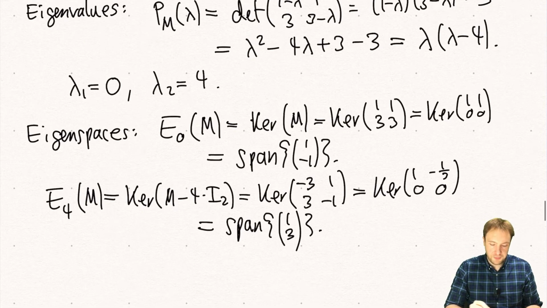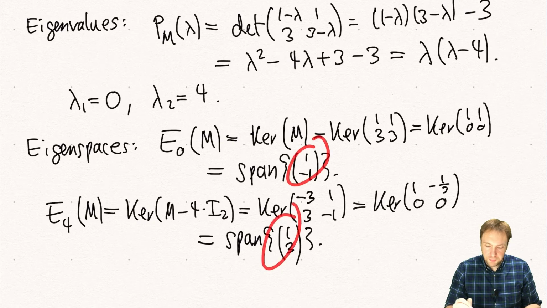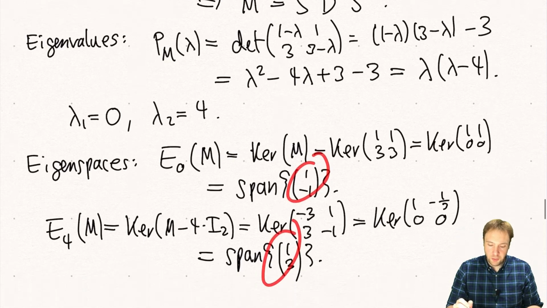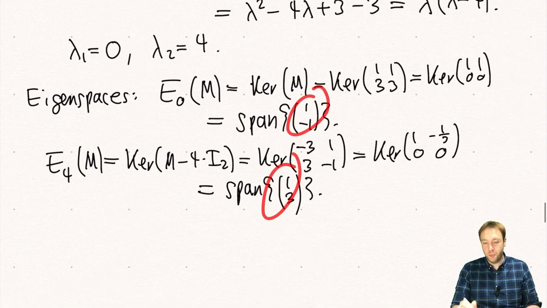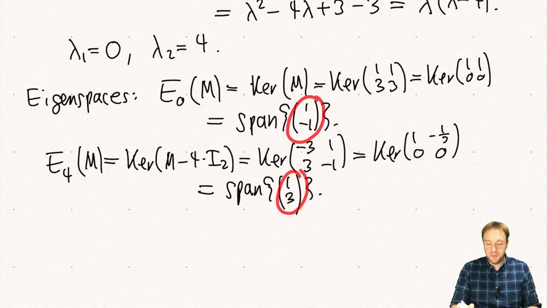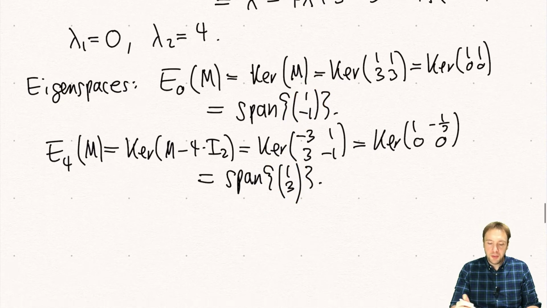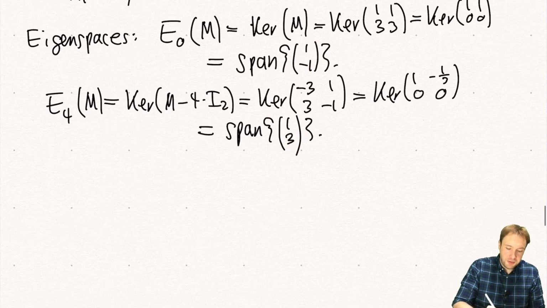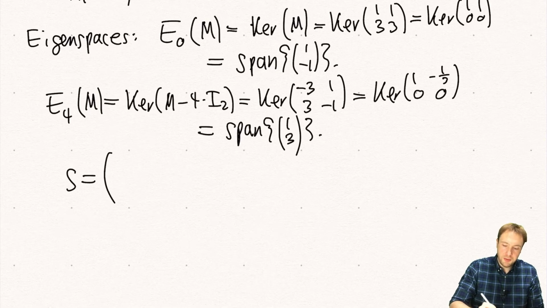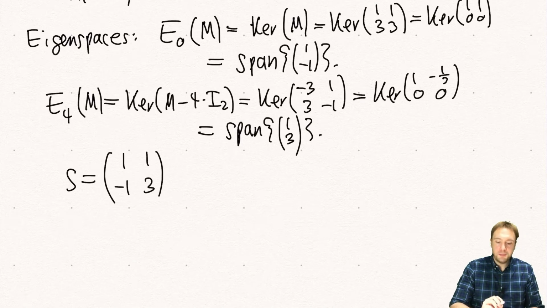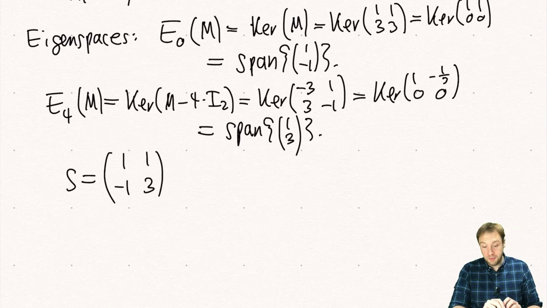So now I have 2 eigenvectors. And we learned that it's clear that these 2 eigenvectors in this case are linearly independent. So if I write them in a matrix, so here 1 minus 1, 1, 3, then this matrix is invertible.